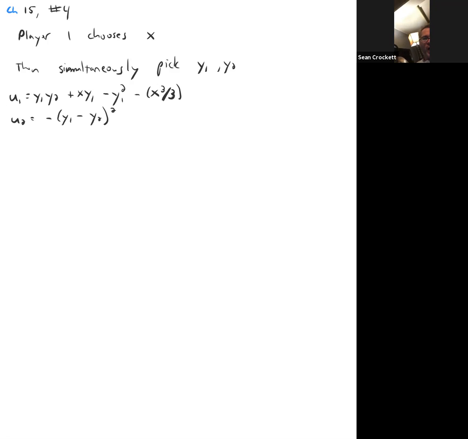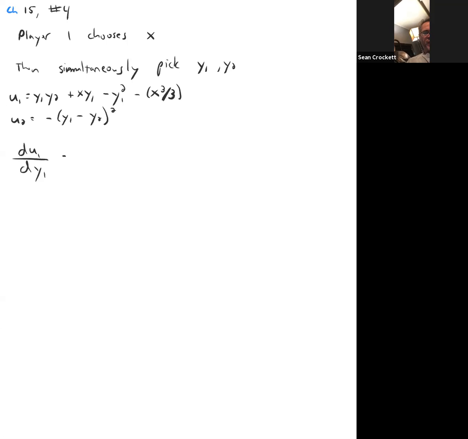And so player 1's derivative with respect to y1, and he's making a guess of what is y2, and he already knows what x is.